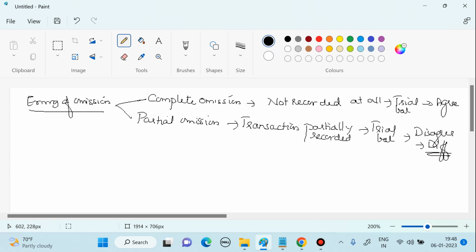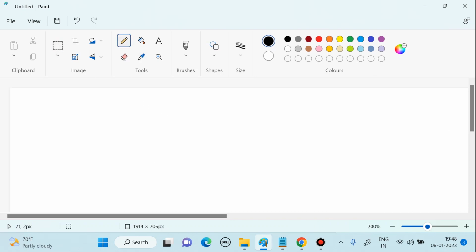Question number 6, illustration 6 on 17.18. Let's start with that. Illustration number 6, page number 17.18. Pass journal entries to rectify the following errors.